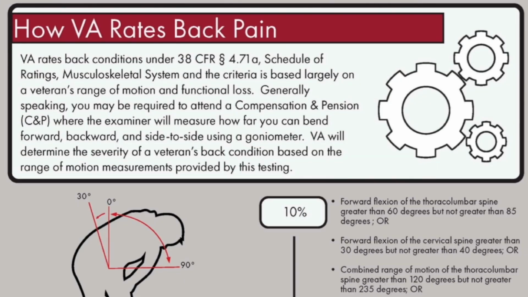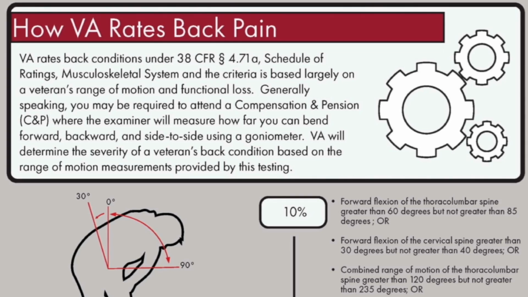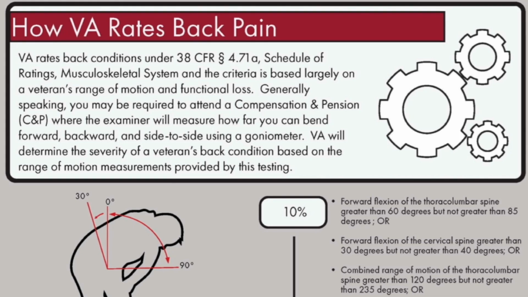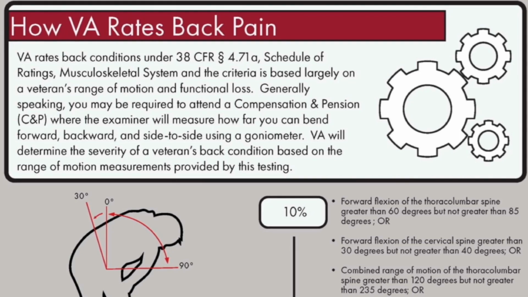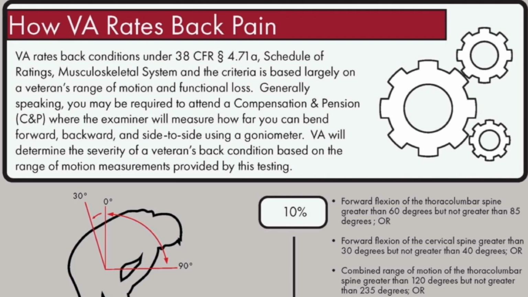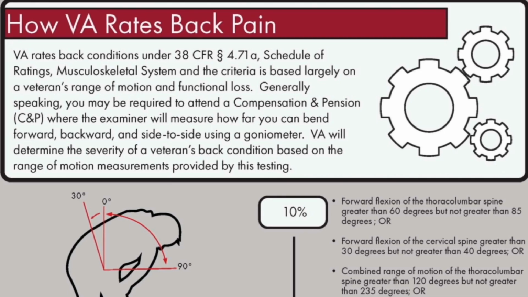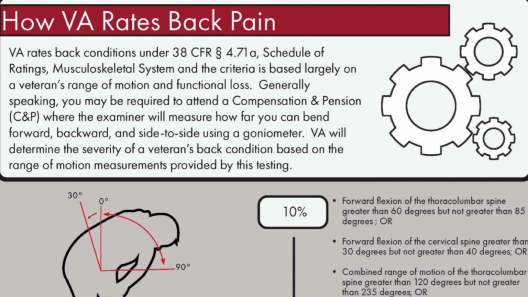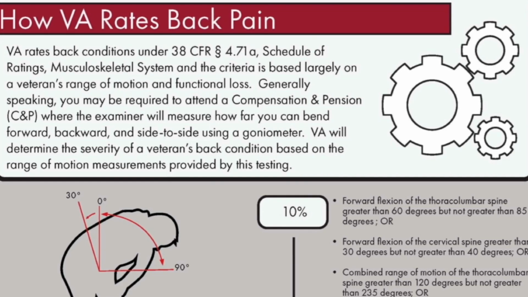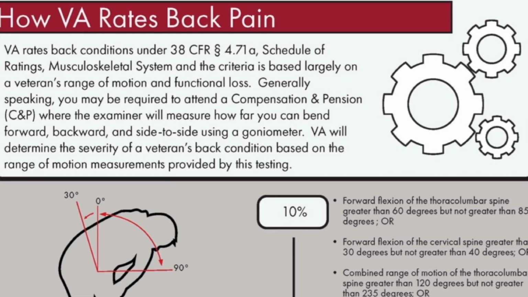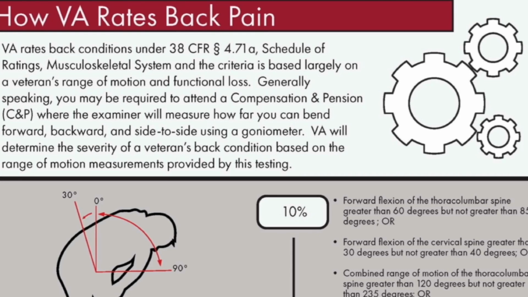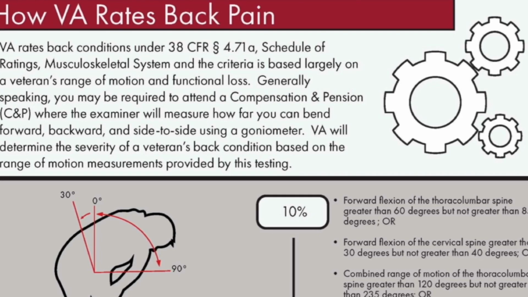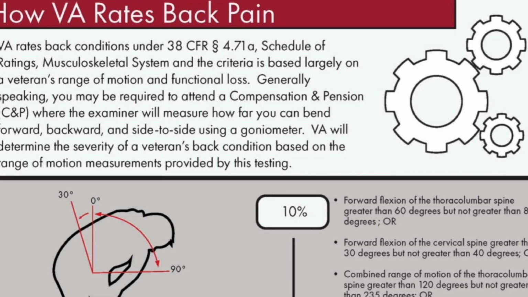Here's how the VA rates it. It's under 38 CFR 4.71a, the Schedule of Ratings, musculoskeletal system, and the criteria is based largely on a veteran's range of motion and functional loss. Pain is also a factor. Generally speaking, you'll be required to attend a compensation and pension exam, a C&P exam, and the examiner will measure how far you can bend forward, backward, and side to side.